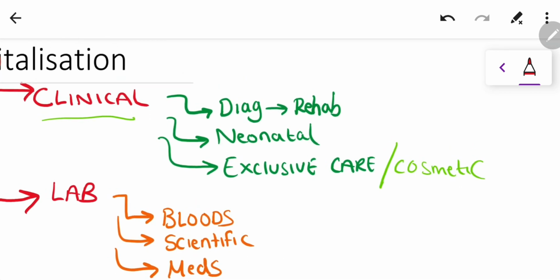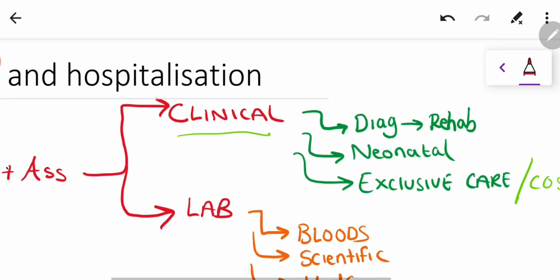You can't get it at the primary healthcare at the GP. Yeah. So that's another thing about hospitalization as well. I think a definition for that is something along the lines of you go there because you can't get the required care at the primary healthcare, at the ambulatory care, basically the GP.